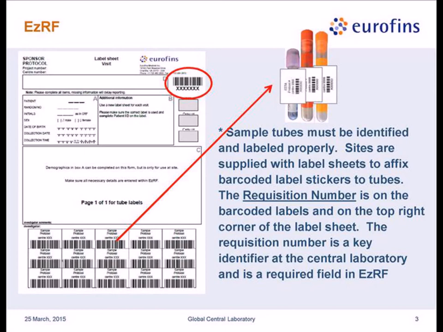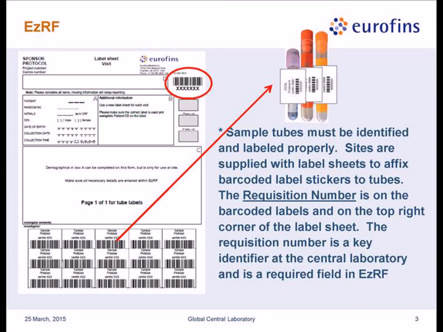All right, I'm on slide number 3 now. As you understand, earlier you were receiving paper-based requisition forms, right? And these requisition forms had tube labels at the bottom. You would take these tube labels and put them onto the samples, and you would send these labeled samples along with completed copies of the requisition forms to Eurofins.